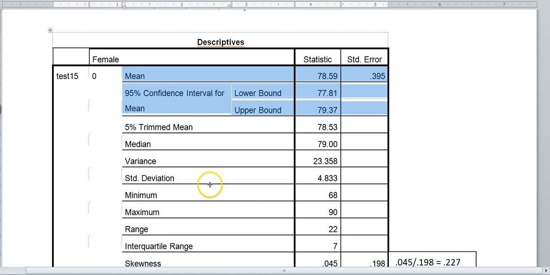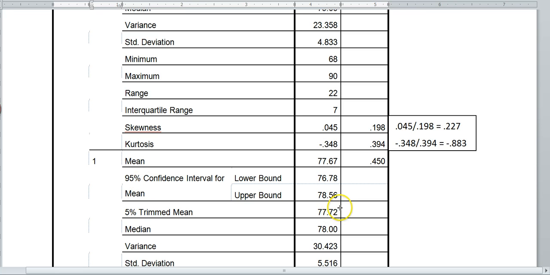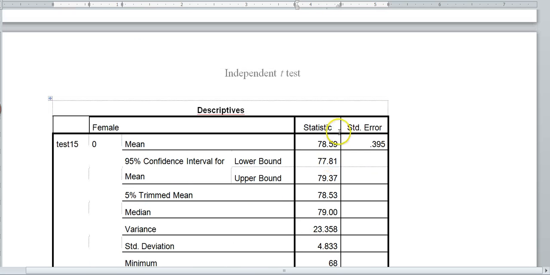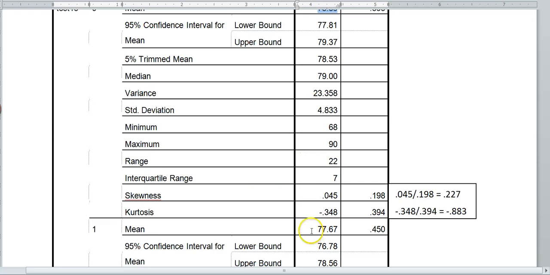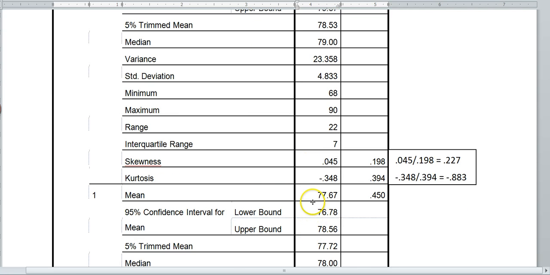And I know it's men because it's 0 on the female, which means it's male, and you'll notice that their average is different. For women, there was an average of 77.67 on the test, and for men, it was 78.59. So the men were a little bit higher than the women, but we don't know yet if that was statistically significant. First, we need to understand if we've met the assumptions to even do the test.